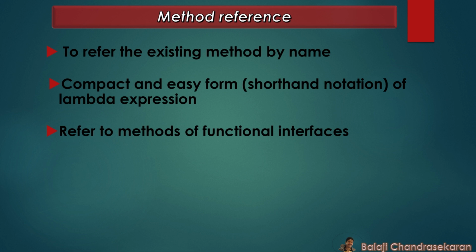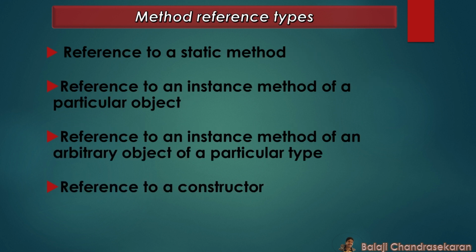This results in cleaner and more concise code. In Java 8, there are four types of method references newly introduced, each providing a different way to reference a method. They are: static method reference, instance method reference of a particular object, instance method reference of an arbitrary object of a particular type, and constructor reference.